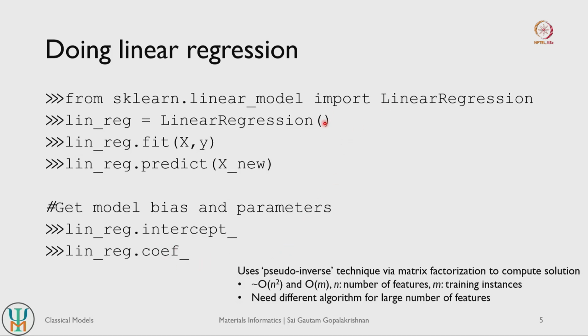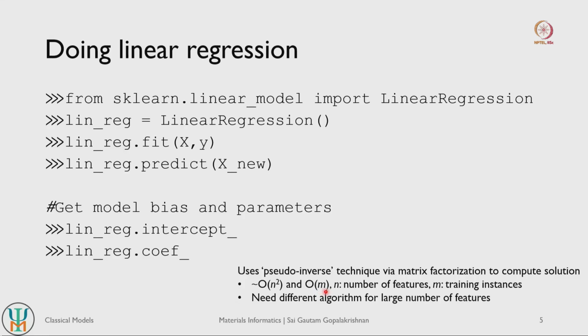Now the default implementation within scikit-learn uses what is referred to as a pseudo inverse technique. This is basically to invert fairly big matrices. Once again I will not get into the details of how this mathematically works, but this pseudo inverse technique scales as order of n square and order of m, where n is the number of features and m is the total number of data points you have.